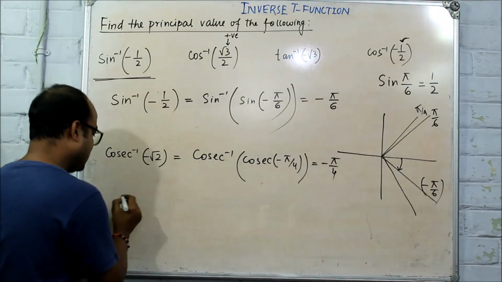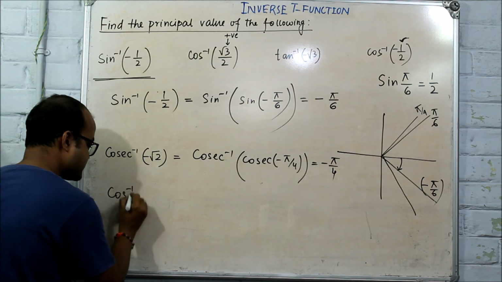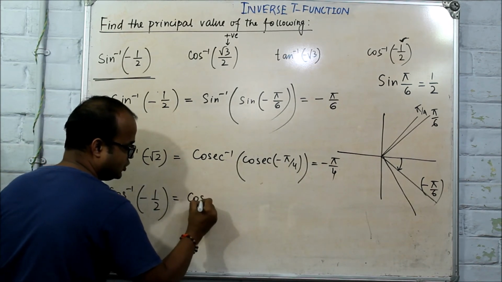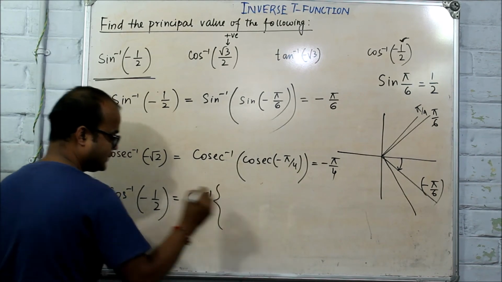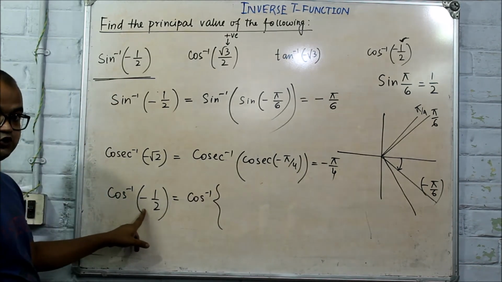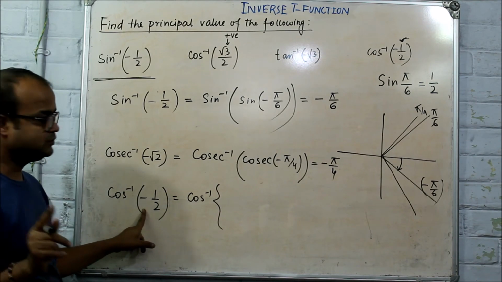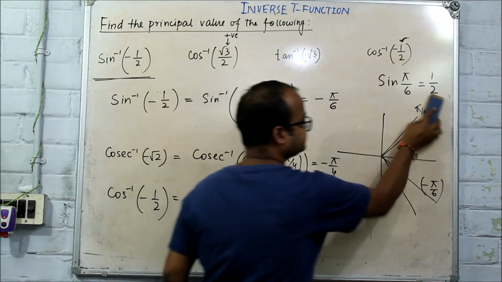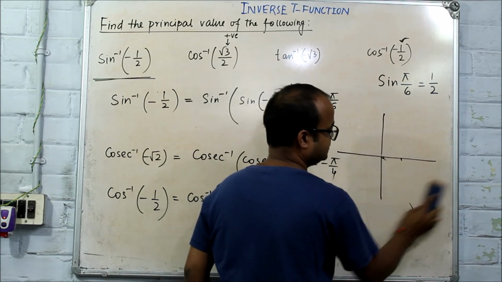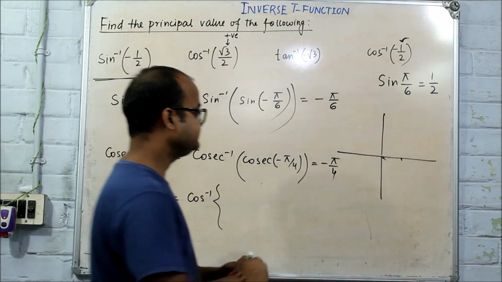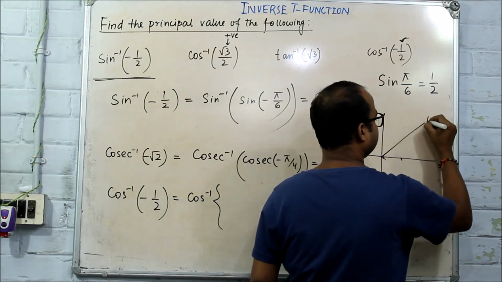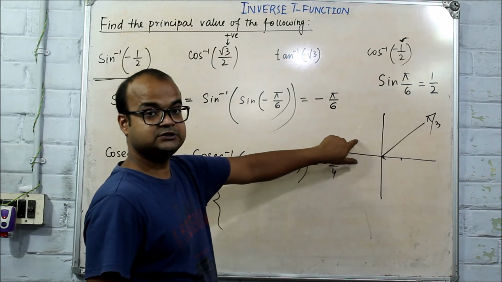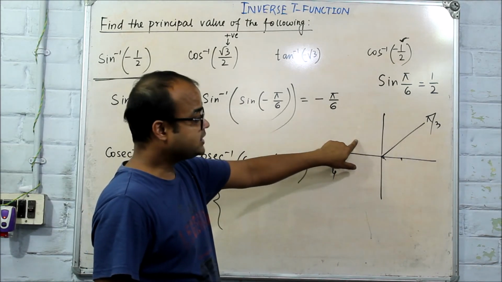Look at this one, cos inverse of minus 1 by 2. So cos inverse of half, 1 by 2. Cos 60 is 1 by 2 in the first quadrant, so cos 60, that means pi by 3, is 1 by 2. Cos inverse negative means your theta belongs to the second quadrant.